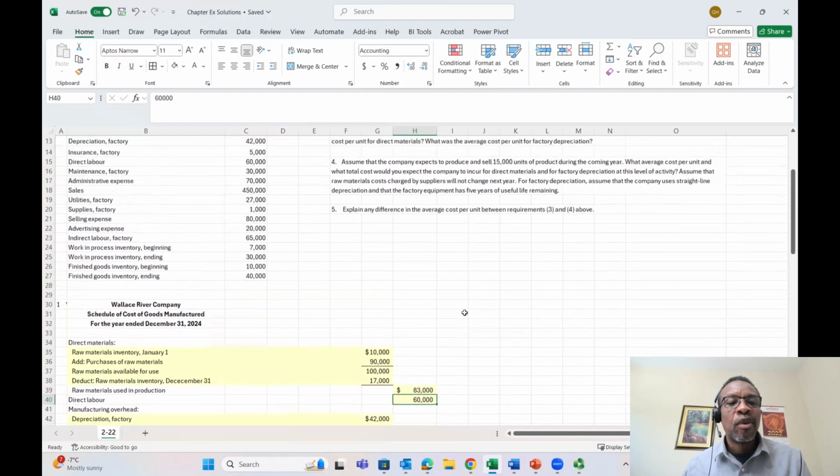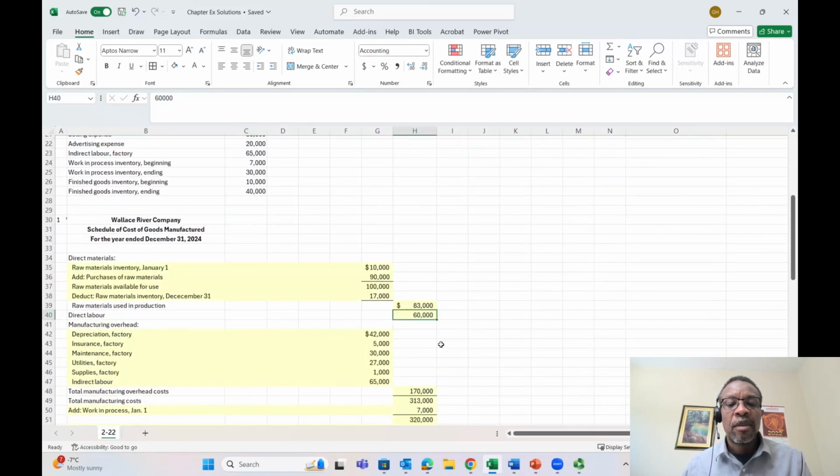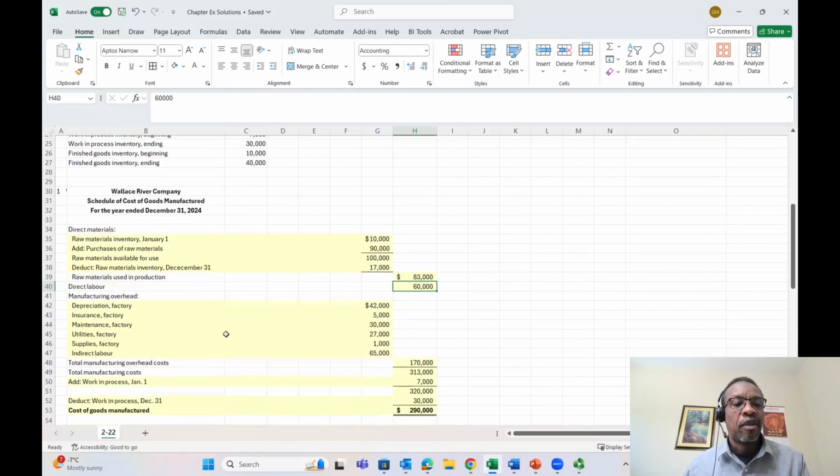So we were also told that direct labor was 60,000, right? Direct labor right here, 60,000. So that will then get added. The third thing that we have to add would be the manufacturing overhead. So we have to find all those items that would be part of manufacturing overhead, put them together, and then the total manufacturing overhead would be added to your direct materials and direct labor.